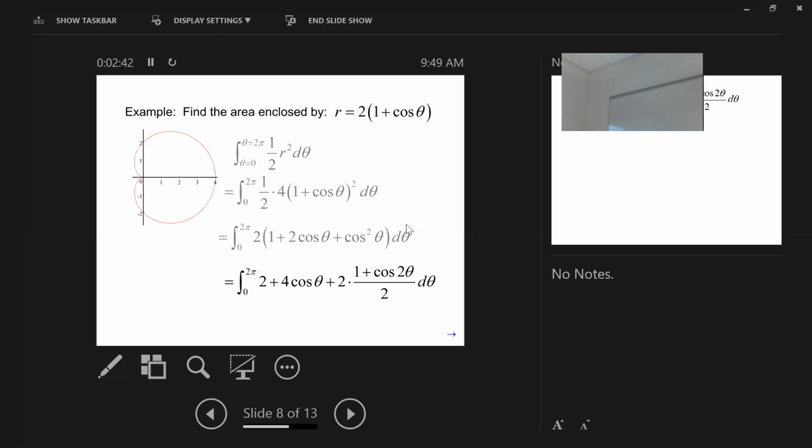So we have to rewrite cosine squared theta in terms of the double angles. And again, I'm going to rewrite this a little differently than is on the PowerPoint, but you're just trying to get the idea. You can't just proceed from here. The third line, we have cosine squared theta, is a problem.